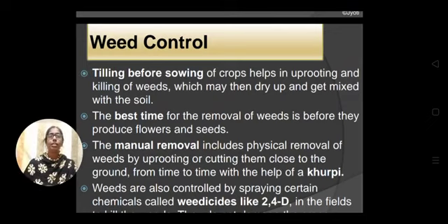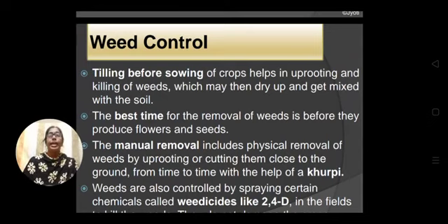Khurpi, you know, is a tool with a small wooden handle to which an iron, blade-like structure is attached, with the help of which we can remove the weeds. So when we are doing it manually, we have to uproot the weeds from time to time, or cut the weeds close to the ground.